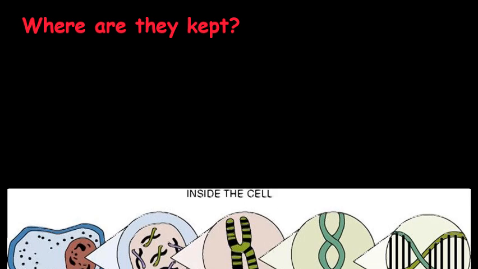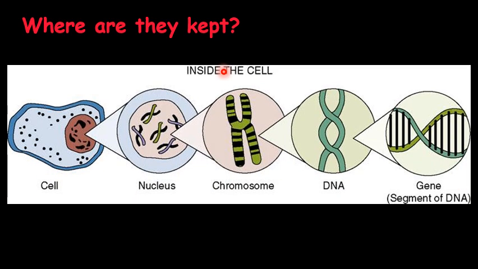So let us just see where these genes are located. For that, let's just recollect what we learned in our earlier classes. When you take a cell, any somatic cell, inside the somatic cells we have a nucleus. Inside the nucleus we have chromosomes. Again, depending upon the organism, the number of chromosomes varies, which you already know.